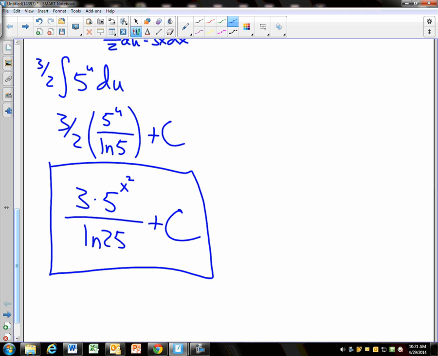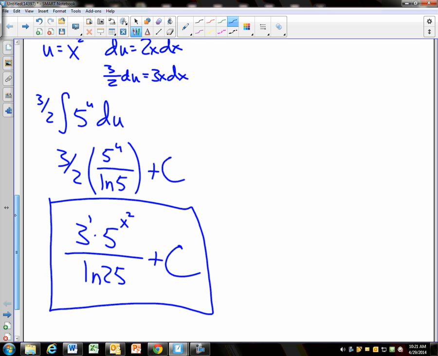No, you can't, because this is 3 to the 1, this is 5 to the x squared. They have different bases. If they had the same bases, then we could add the exponents. Order of operations require that we simplify the exponent before we multiply something else. Okay.